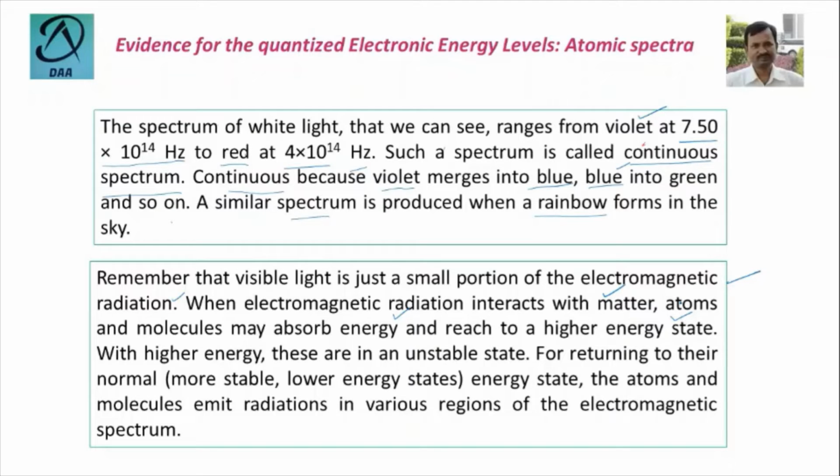In atomic emission spectrum, it happens like that. With higher energy, they are in an unstable state, so they want to release that energy to come back to their lower energy state. That's why these atoms and molecules emit radiation in various regions of the electromagnetic spectrum.